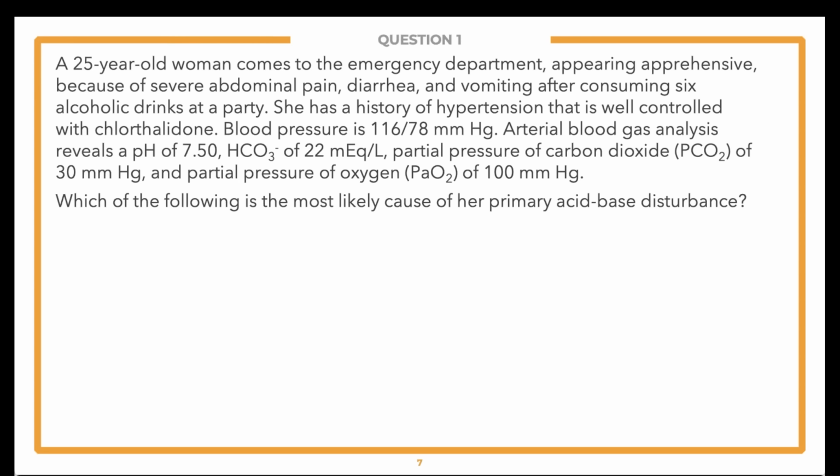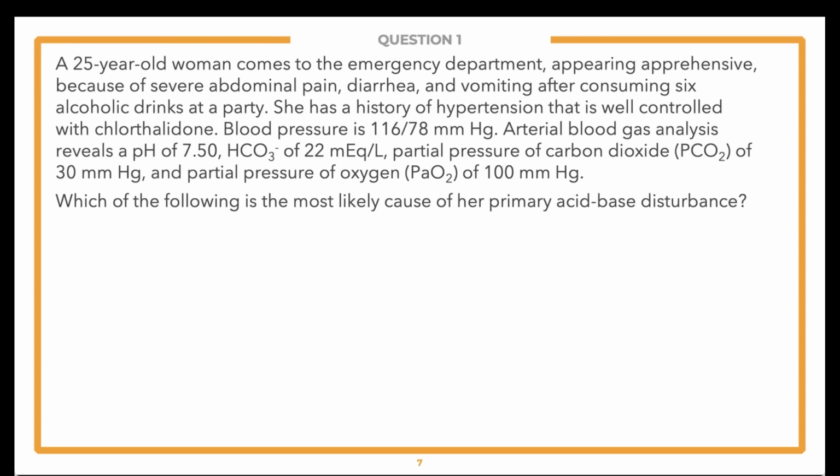A 25-year-old woman comes to the emergency department appearing apprehensive because of severe abdominal pain, diarrhea, and vomiting after consuming 6 alcoholic drinks at a party. She has a history of hypertension that is well controlled with chlorthalidone. Blood pressure is 116/78.